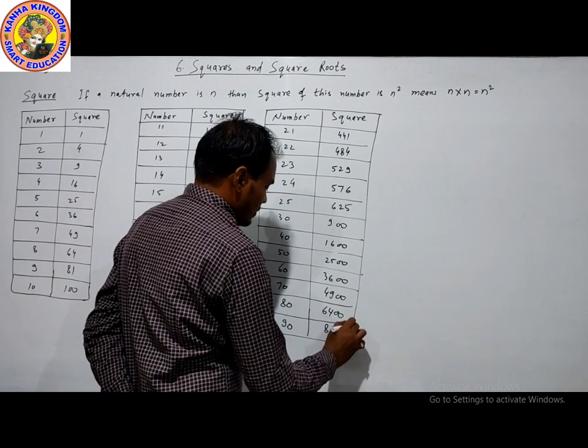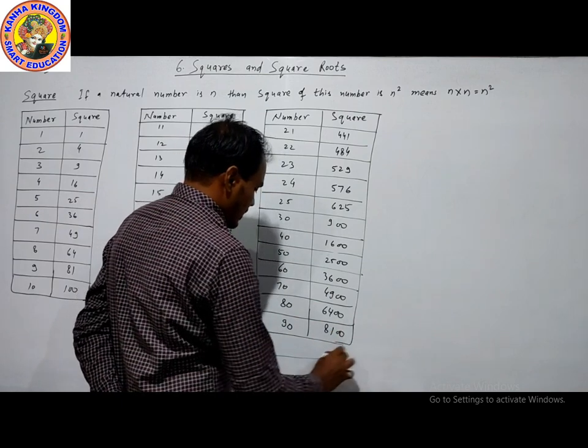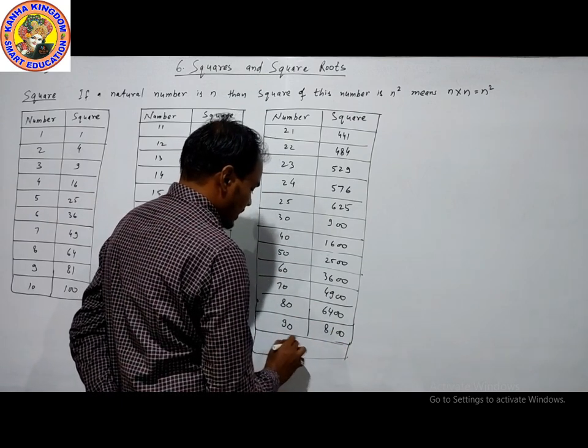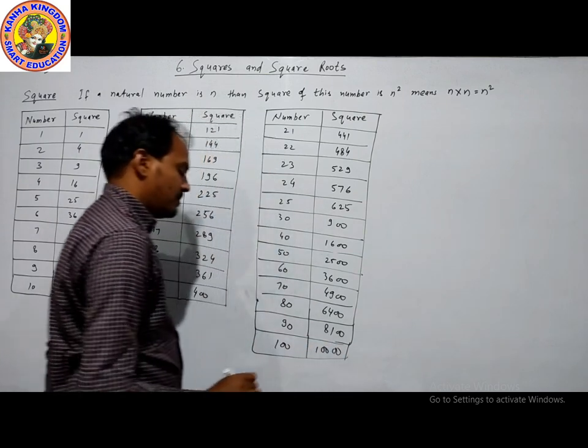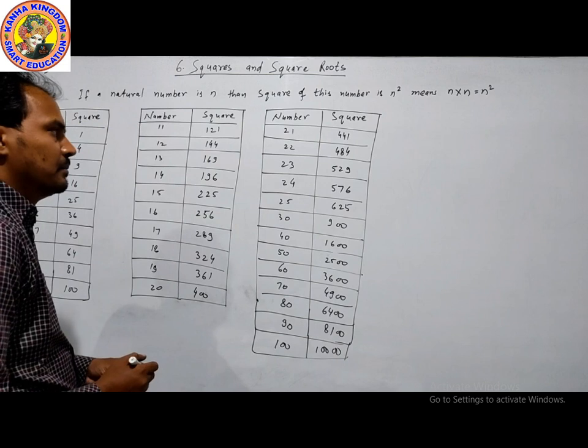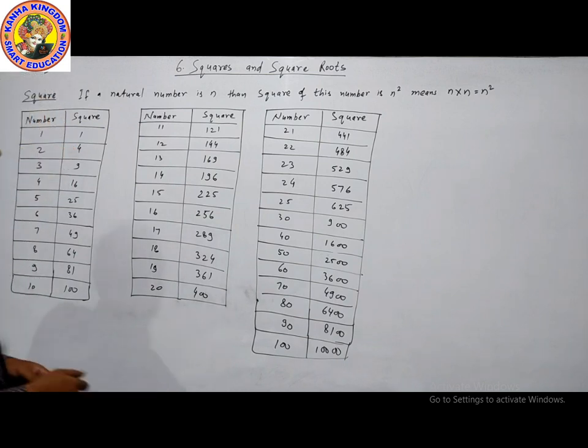These are the square numbers. And last, 100 square is 10000. These are the basic square numbers.